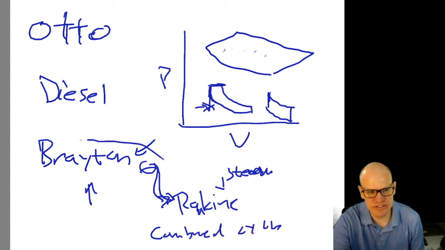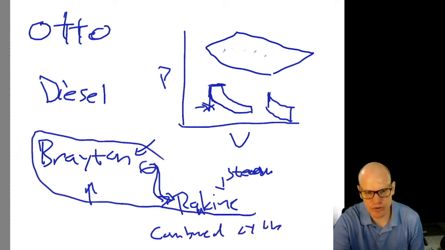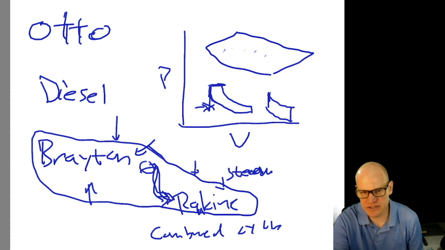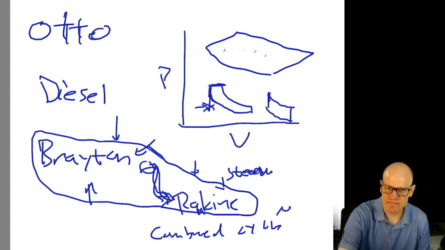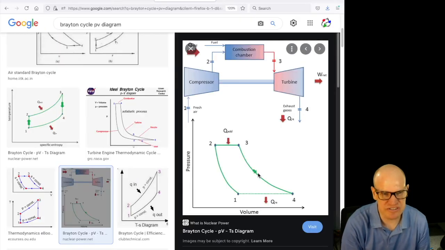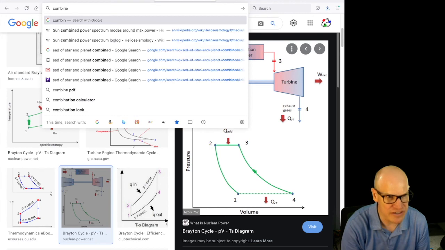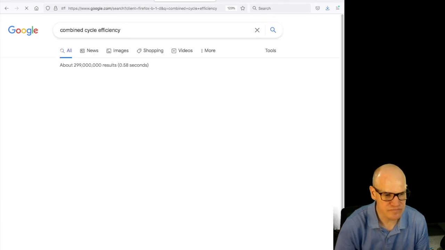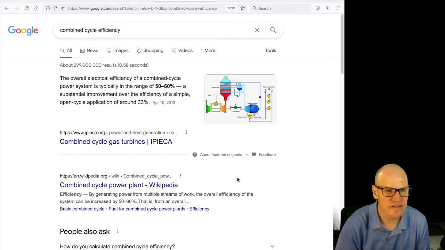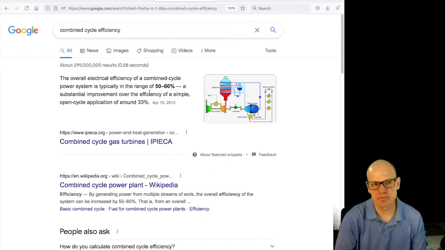So the combined cycle is the most efficient natural gas power plant, where you run the jet engine and you take the exhaust from the jet engine and run a steam cycle off of it. And these get pretty high. I don't know exactly what it is, I might as well look it up instead of guessing. I think it's like 60%. So let's go with the combined cycle efficiency, 50 to 60%, which is pretty good.